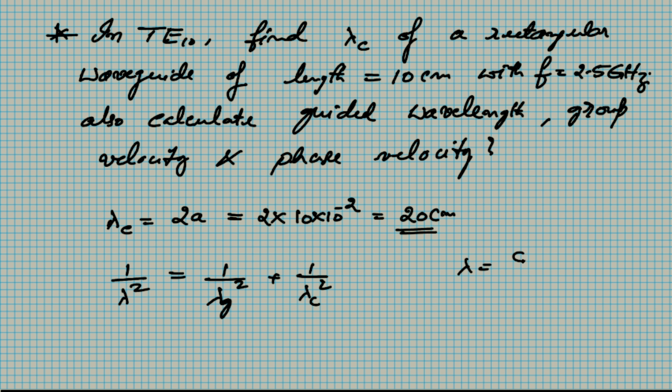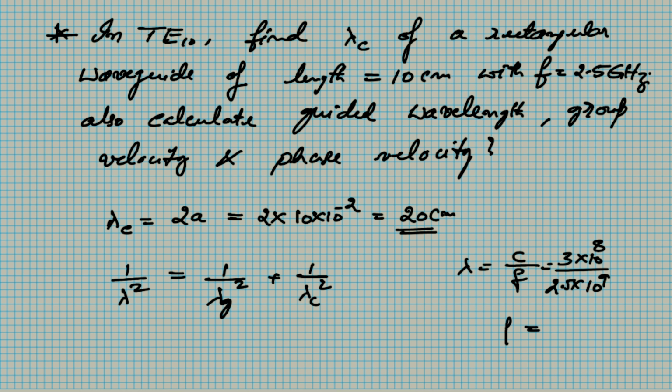So just tell me what is the lambda we are getting. Lambda is equal to c by f, right? So c is 3 into 10 to the 8 divided by f, which is 2.5 into 10 to the 9. So first tell me the value of lambda. Yes, c by f.